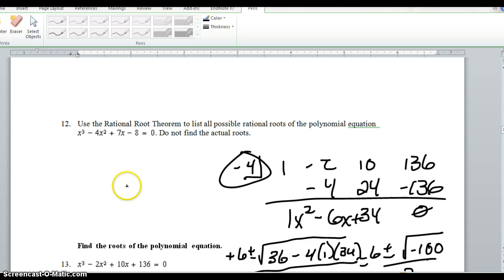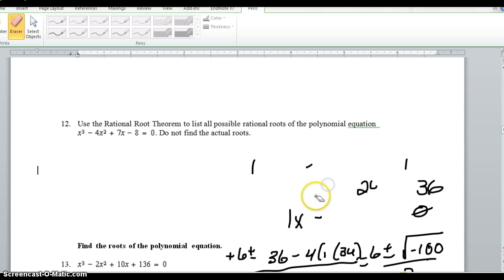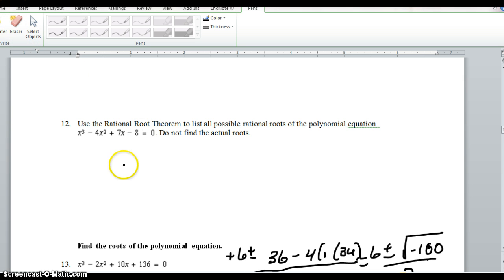Let's look at the rational root theorem. I'm going to erase some of this previous work here to give us some more room. They're simply asking us to list all the possible rational roots. So to do that, I'm going to find all of the factors of -8 over the factors of 1. This is pretty simple.